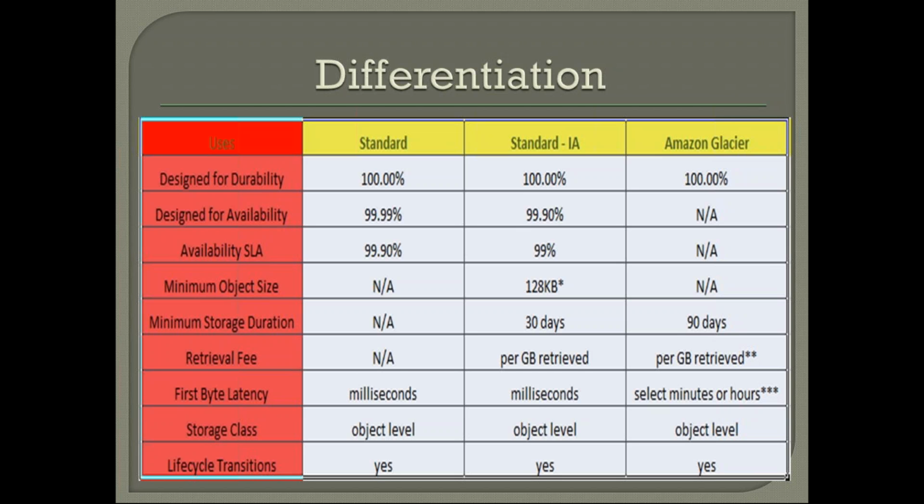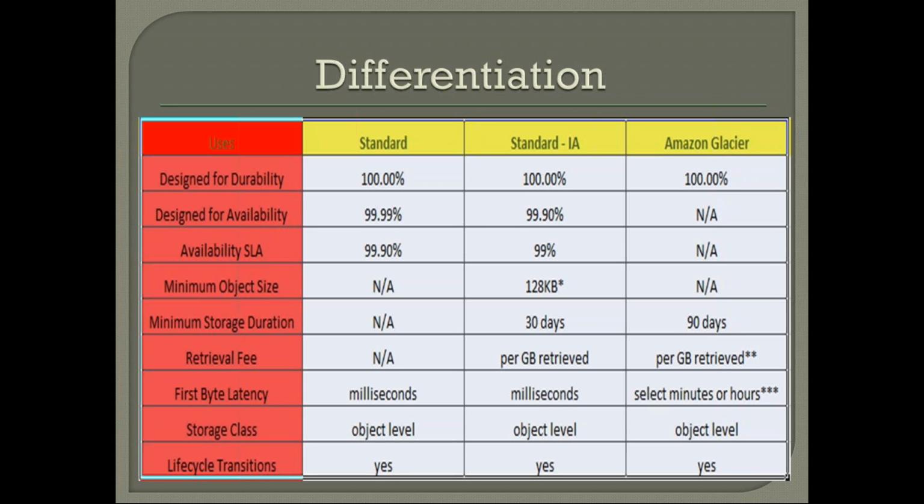And minimum storage duration. The minimum storage duration is not there for the standard S3. The minimum storage duration for standard IA is 30 days, and the minimum storage duration for Amazon Glacier is 90 days.